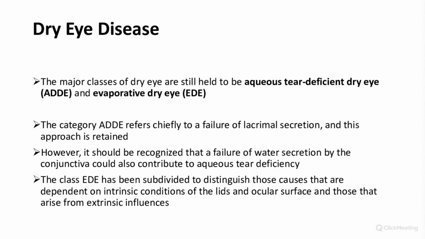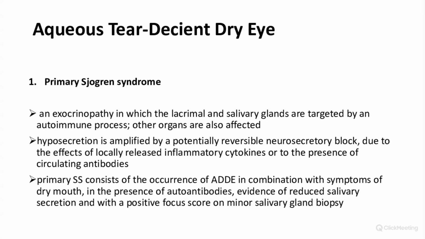Let's go to a repetition of Sjogren syndrome. It's like an exocrinopathy. Number one is damage to the lacrimal gland, which is sitting in this area of the orbit. Second, there is also damage to the salivary glands, in our mouth.